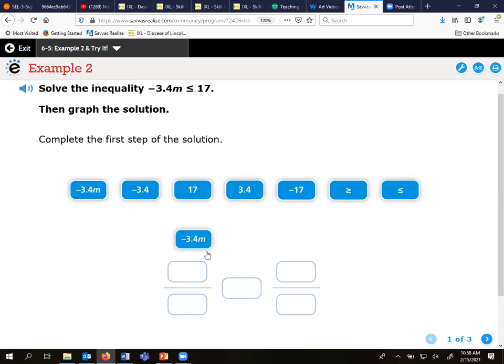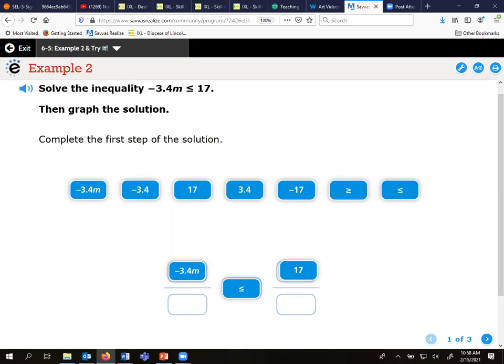So we're going to start with negative 3/4 m and 17, and this less than or equal to sign, because that's what we have in the equation. Now, right here, I'm taking negative 3/4 times m. What is the inverse of that?